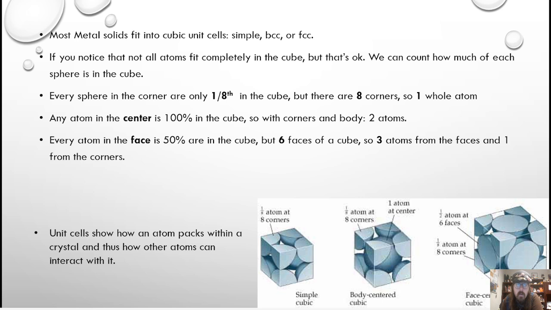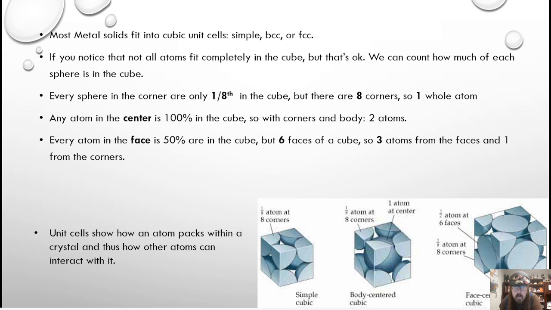Now, if you were careful, you'll notice the actual corner of that lattice cell is in the center of the atom, and you'd be drawing a cube next to another cube next to another cube, so that the atoms that are in the corners aren't actually fully within the unit cell. They are only partially within the unit cell.